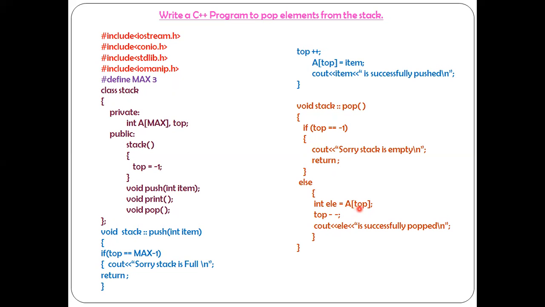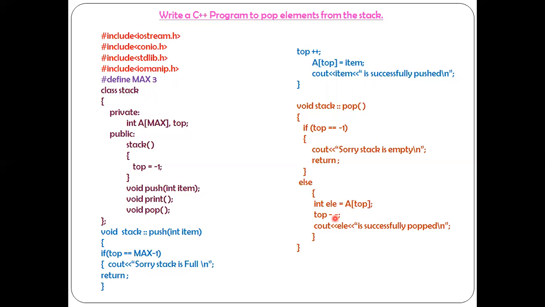What exactly is the element stored in a of 1? 20. 20 will be assigned to which variable? Element. Element is a variable of integer type. That means that element has to be deleted. The deleted element will be assigned to ele, which stands for element. Then comes top minus minus.